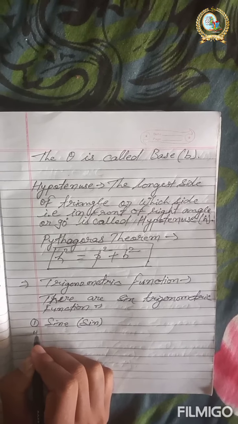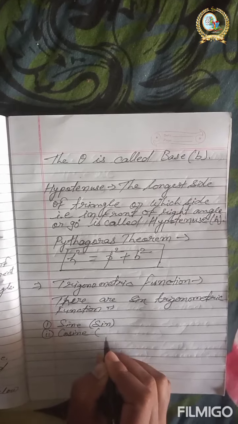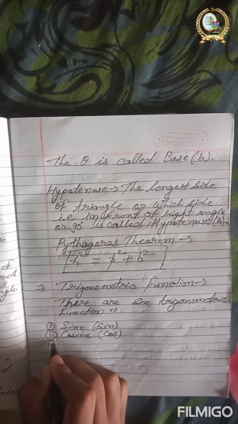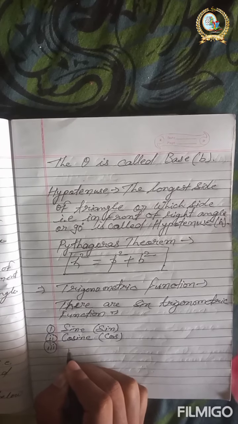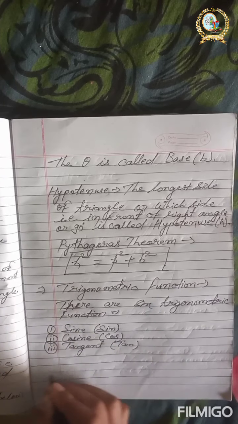Another one is cosine, written as cos. Another one is tangent, written as tan.